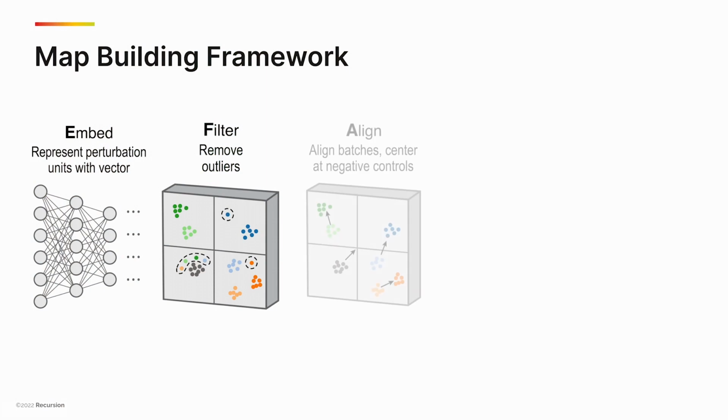Then comes the alignment, which aims to correct for batch effects. A batch effect is a systematic effect shared by all observations obtained under similar experimental conditions, such as microscopy acquisition artifacts or incubation times. These potentially confound the interpretation of desired biological signal from the readouts.